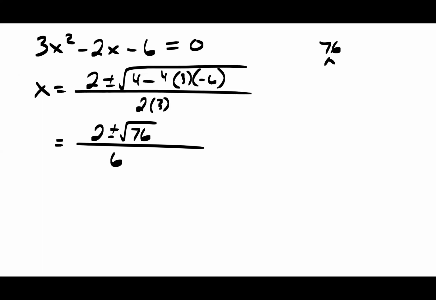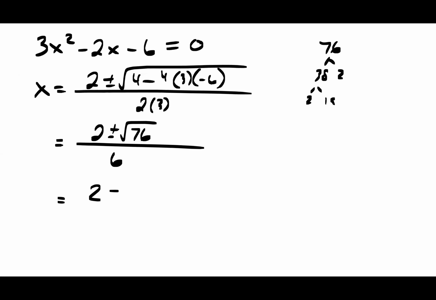Now the question is this. Is that a perfect square? Does it break down any more at least? So because it's an even number, I know 2 will go into it. Or maybe even 3 will go into it here. Let's see. Yeah, 2. 2 goes into that 38 times. And then 38 is also an even number. So I know 2 will go into it, and we get 19. Okay, if that's the case, I get doubles of 2. So 2 is the perfect square. 19 just stays there.